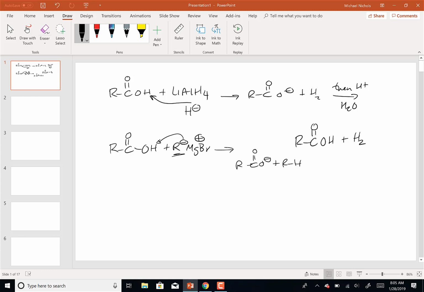The carboxylic acid, that's not the final product though, is it? The deprotonated one here? No, the one above it. Yes, that's the final product. Because the way the question's written, it said react the carboxylic acid with lithium aluminum hydride. Oh wait, sorry. Sorry, no. That's the first step.